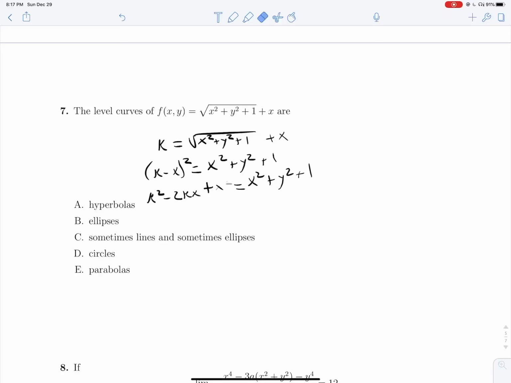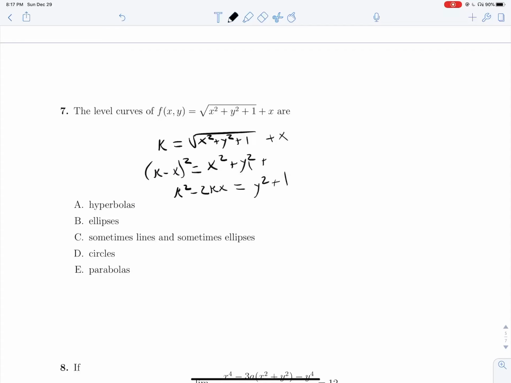We can get rid of the x squared on both sides, and we are left with something that we can hopefully identify. In fact, it'll make it easier if I move this. Oh, whoops, I'll just give up. There we go. And this is a form that we can identify, even if it's a little confusing.